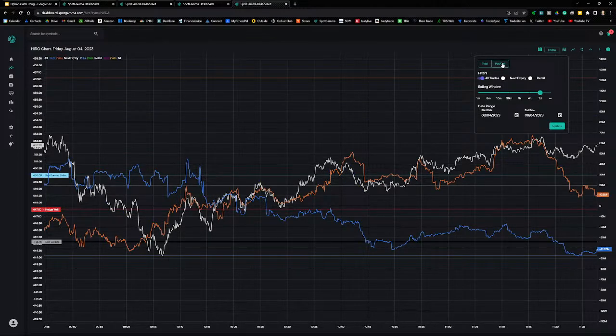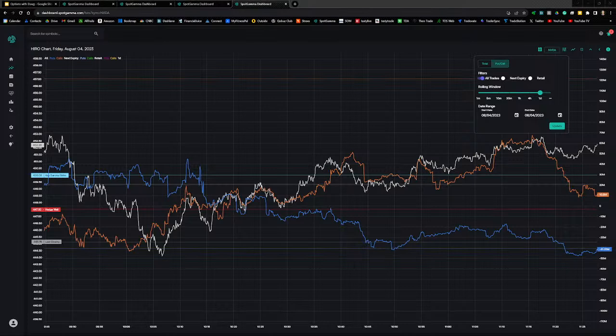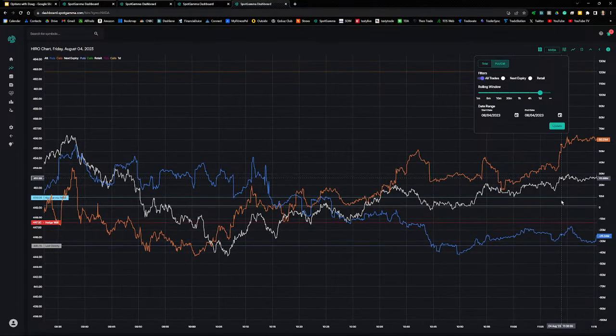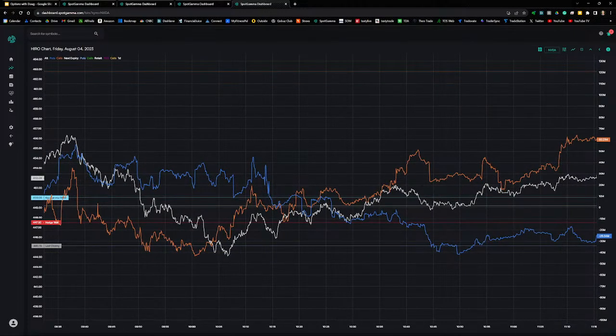So traders have been buying calls today. And just looking at the call signal, actually, let me adjust this view just a little bit. So up until about 11:15, traders were buying calls.